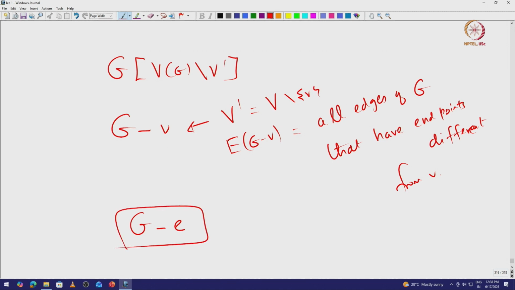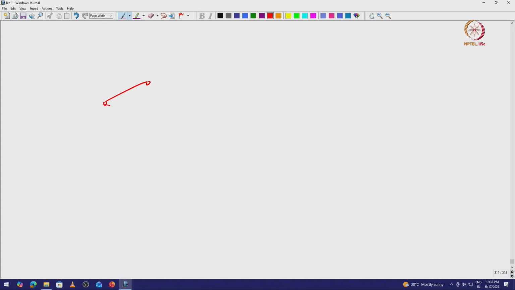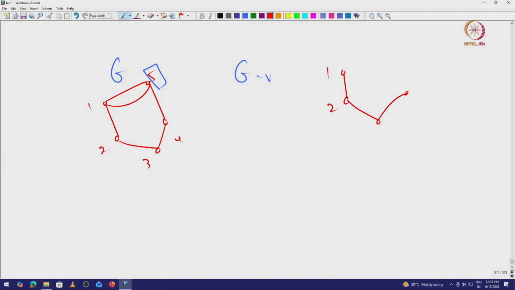So, let us do one example. Okay. If we take a graph like this, say with vertices 1, 2, 3, 4, 5, and let us say I want to delete this vertex 5. This is let us say G, then G minus v will look like this: you have 1, 2, 3, 4. So, this is my G minus v. Similarly, let us say I want to delete this edge e, then G minus e will look like this: you keep everything except that edge.